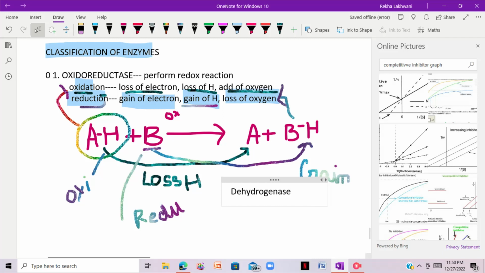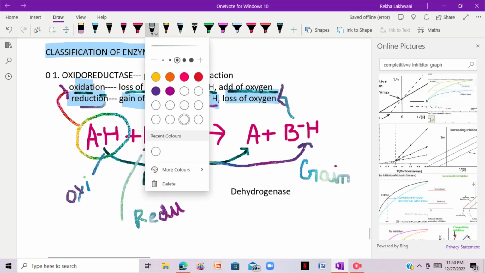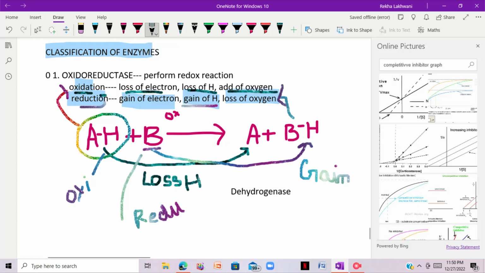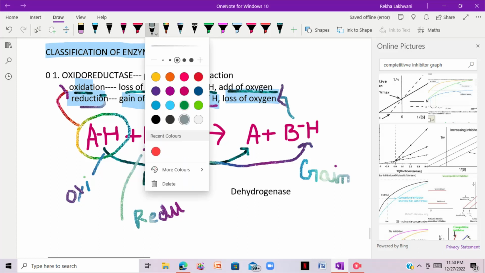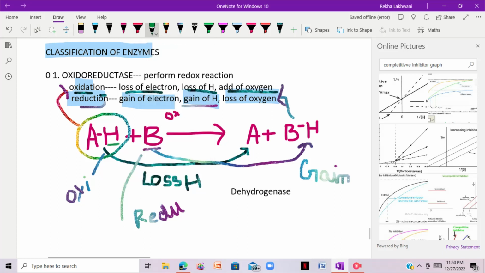Okay, then we are having another enzyme which is known as transferase. Now, what is the work of this enzyme?